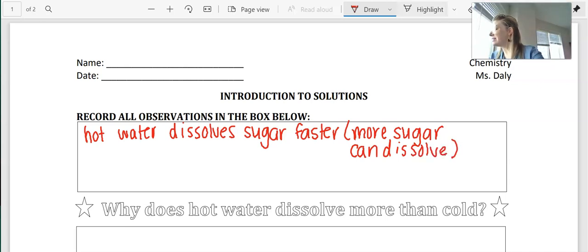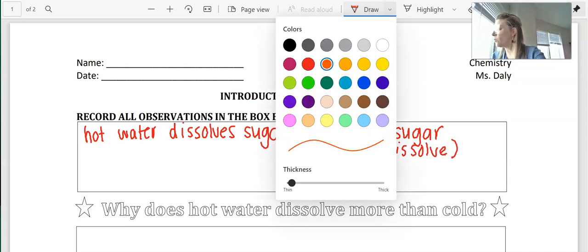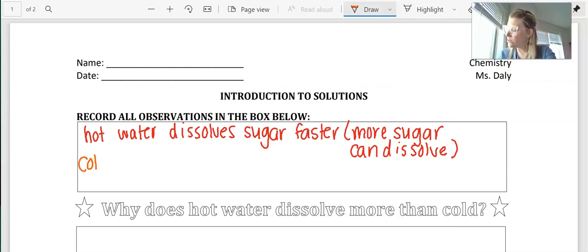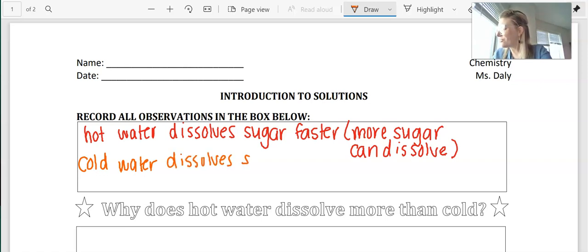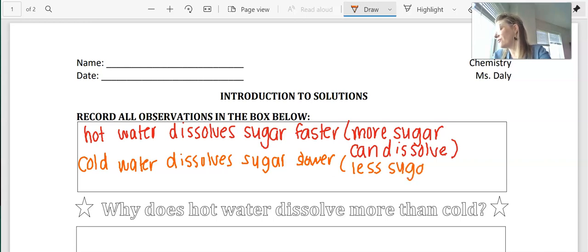Okay, and then let's also add about the cold water here. So cold water dissolves sugar slower. And also just noting that if we were to test this, less sugar can dissolve.